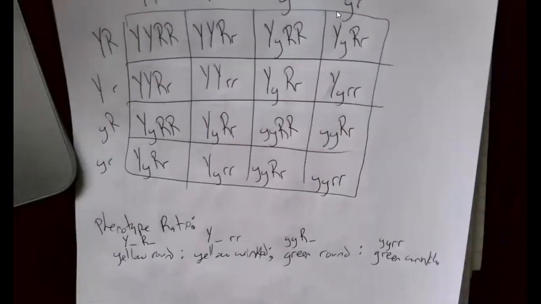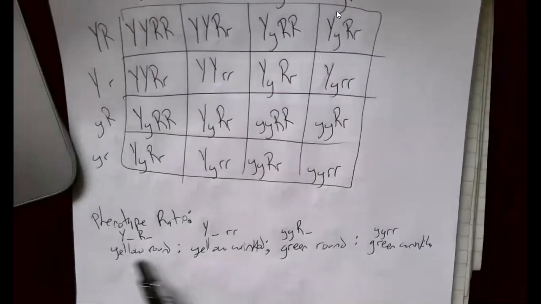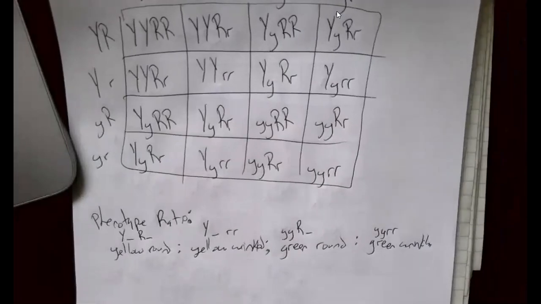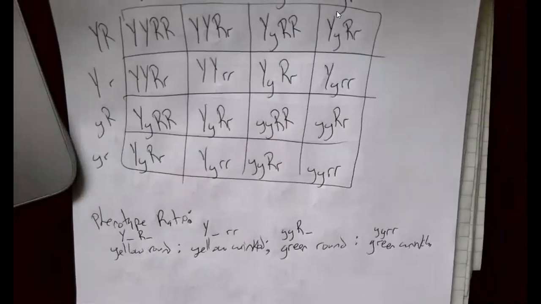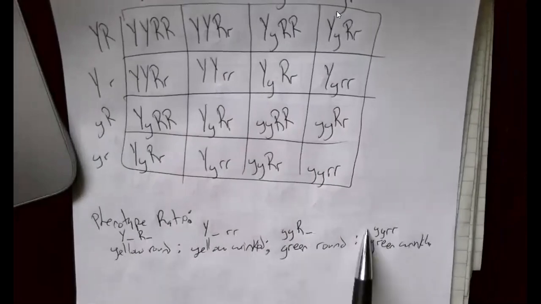So to set up the phenotype ratio, you're looking at the 4 possible combinations of traits. The plant could be yellow and round, yellow and wrinkled, green and round, or green and wrinkled. And then in order to identify those, I write the possible genotypes that I'm looking for on top of the phenotypes.